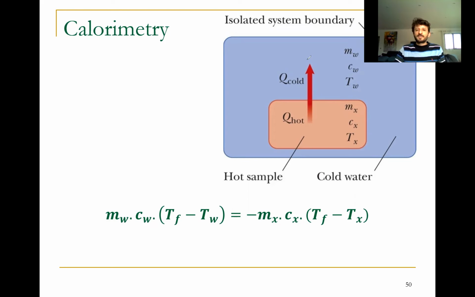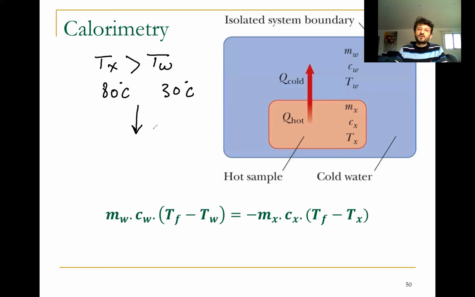We have Tx bigger than T water. For example, 80 for the object and 30 for the water. That is the initial state. At the final state, at thermal equilibrium, we must have a T final of the system.